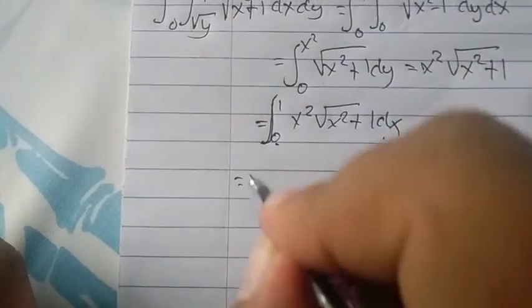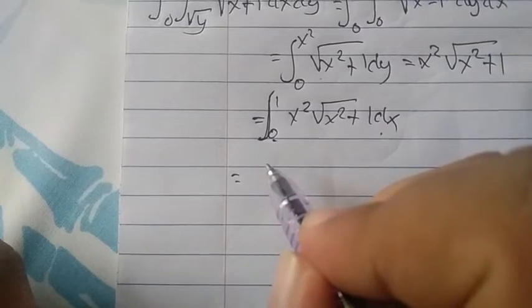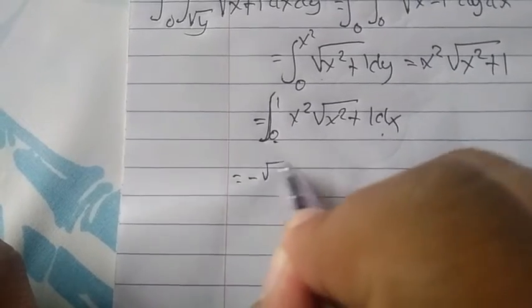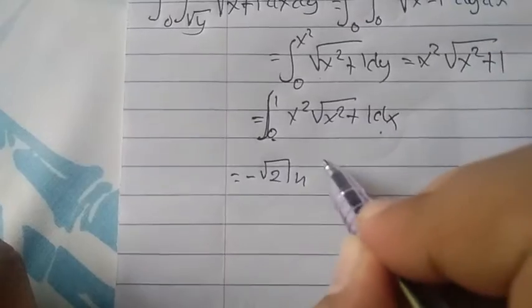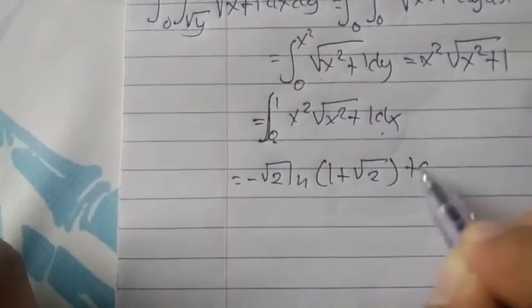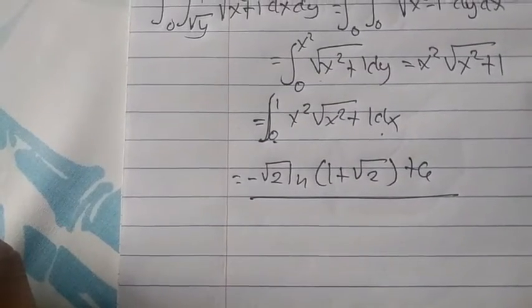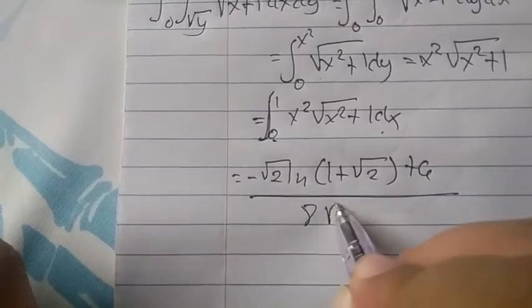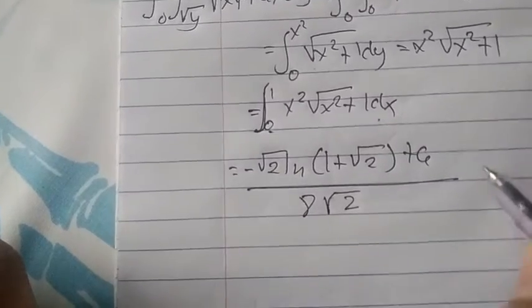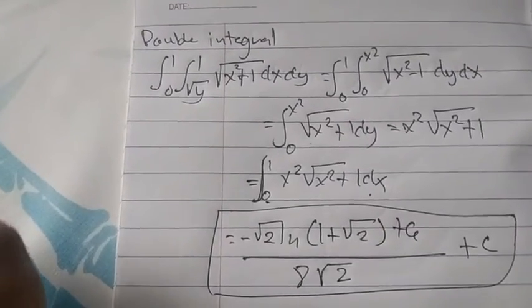This will be negative square root of 2 ln over 1 plus square root of 2, plus 6 over 8 square root of 2, plus c, our arbitrary constant. Then this is the final answer for the double integral.